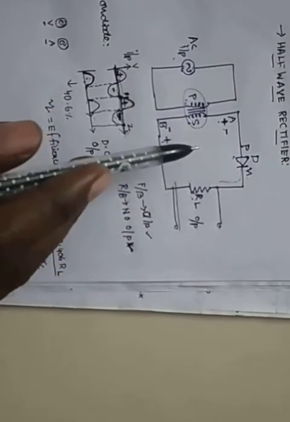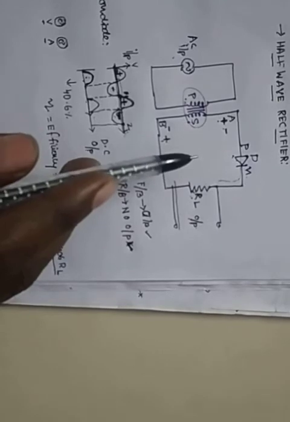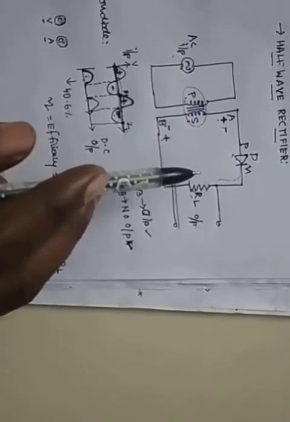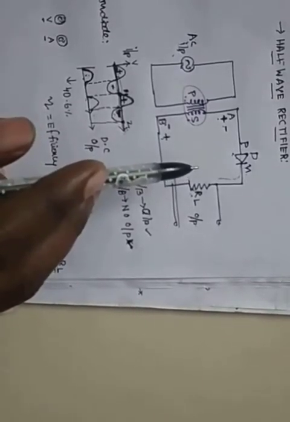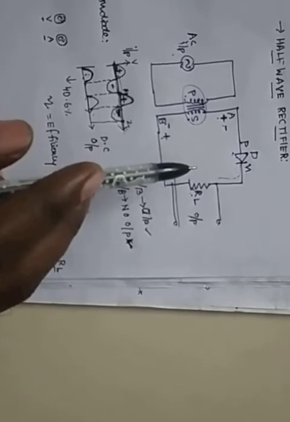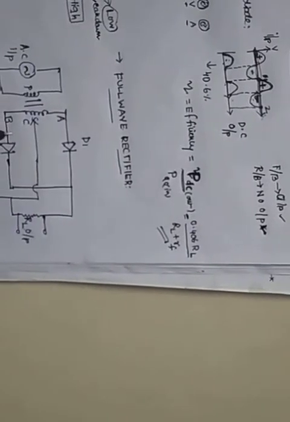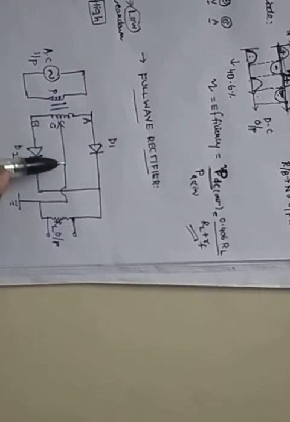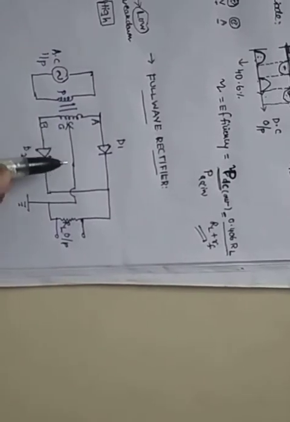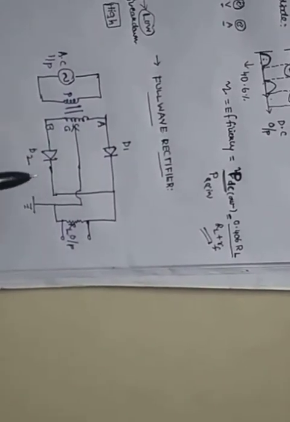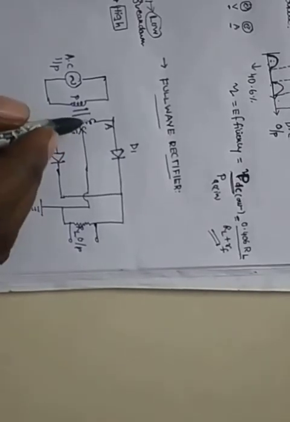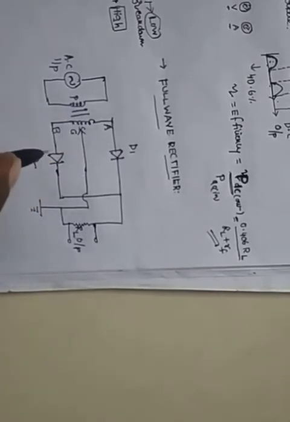But in the case of full wave rectifier, it contains 2 diodes and also a center tapped transformer. This is called a center tapped transformer, connected to the secondary coil of the transformer.